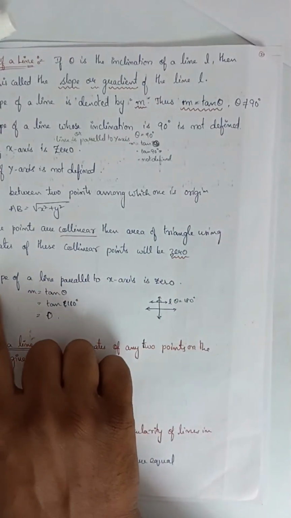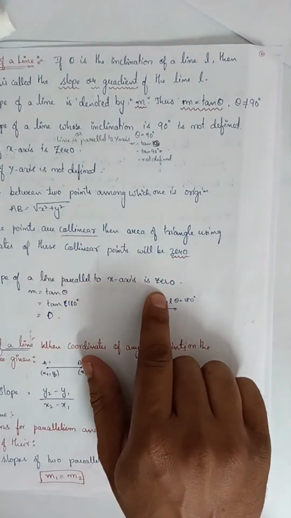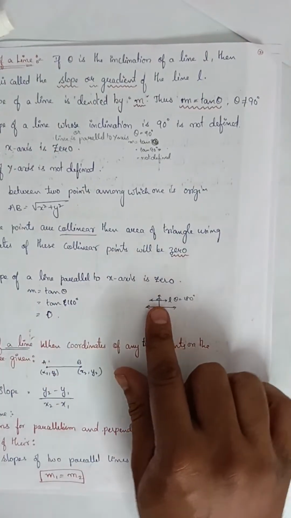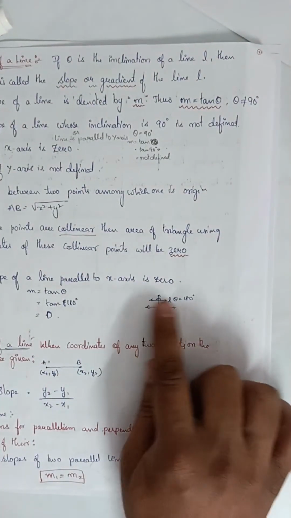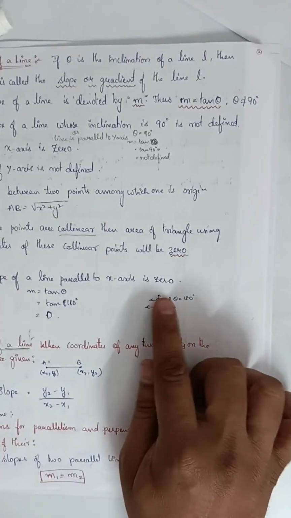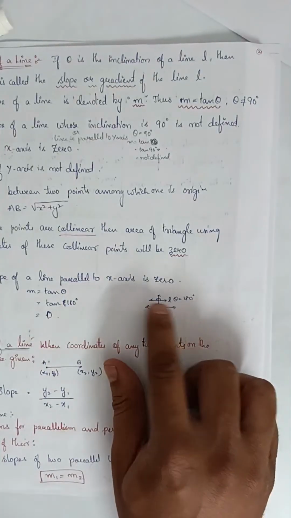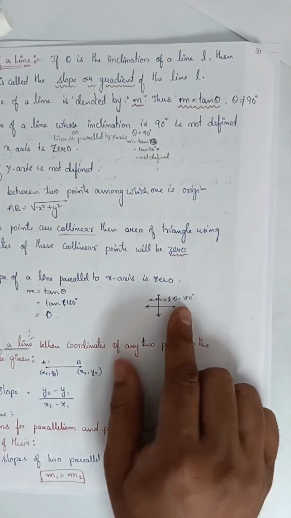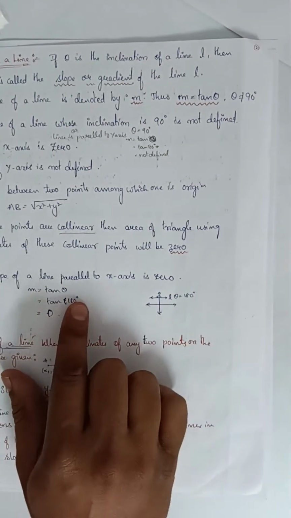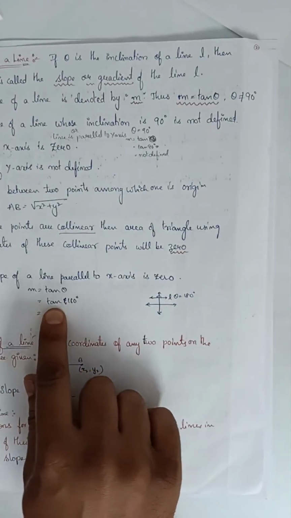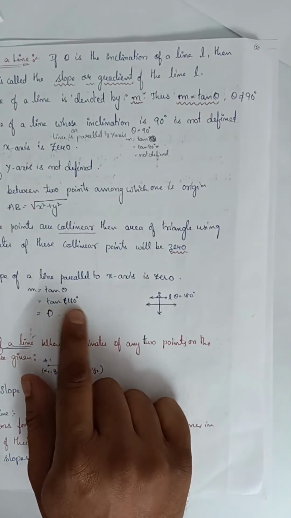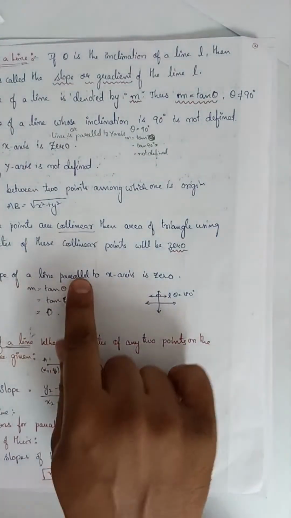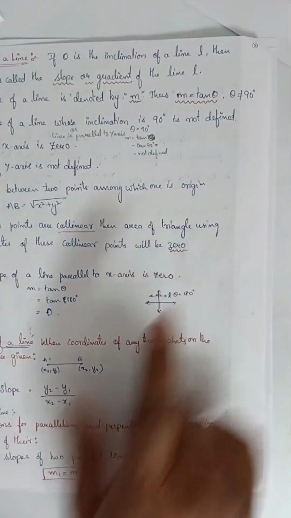Then the slope of a line parallel to the x-axis is 0, as we know. If the line is parallel to the x-axis, theta is 180 degrees, m equals tan theta, that is tan 180. Tan 180 is 0. So that's why the slope of a line parallel to the x-axis is 0.